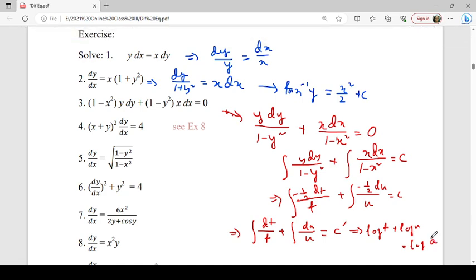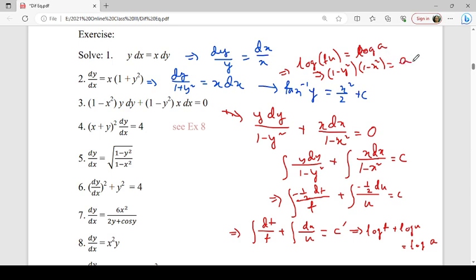Then after that you can write log of tu, so log of tu is equal to a, which implies tu, where t is our 1 minus y square and u is 1 minus x square, is equal to, sorry, log tu is log a, so the log goes, and this is equal to a.